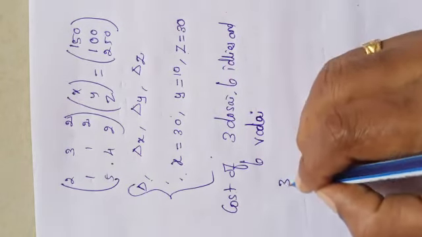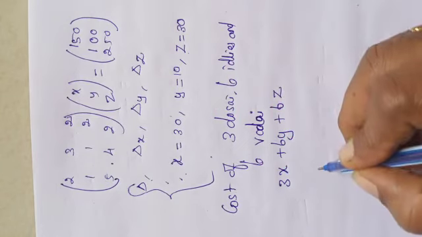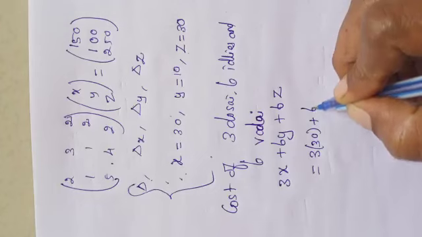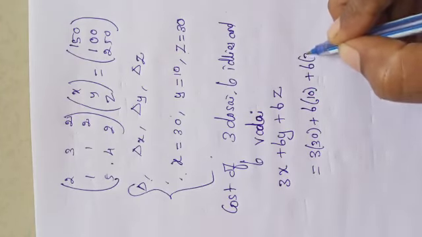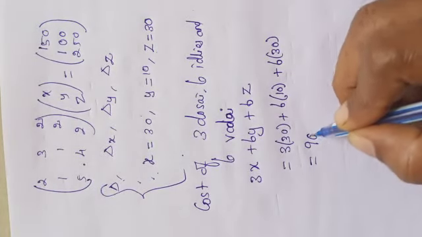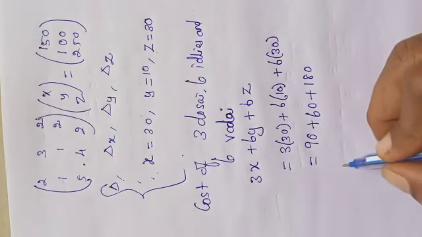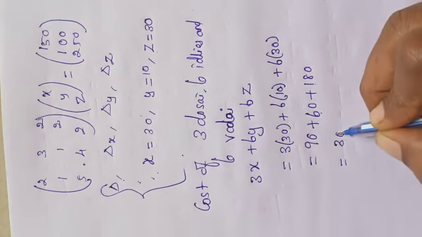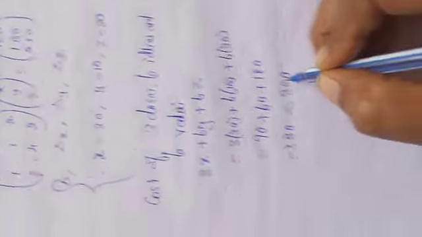So 3x plus 6y plus 6z is equal to 3 into the value of x is 30, plus 6 into the value of y is 10, plus 6 into again the value of z is 30. So 3 into 30, 90, plus 60, plus 180. How much more? 150? 330, which is less than 350.